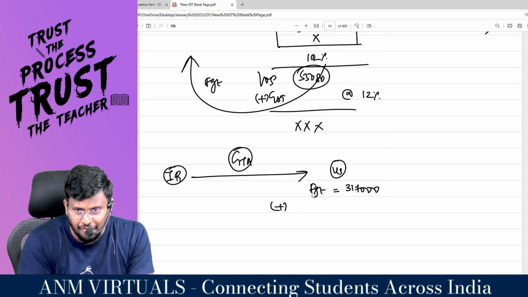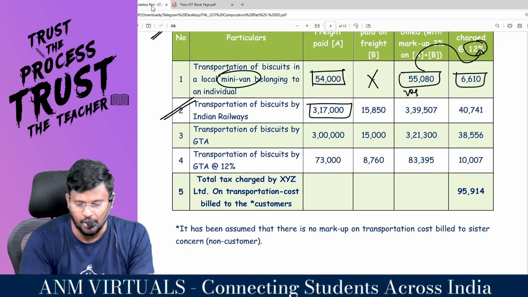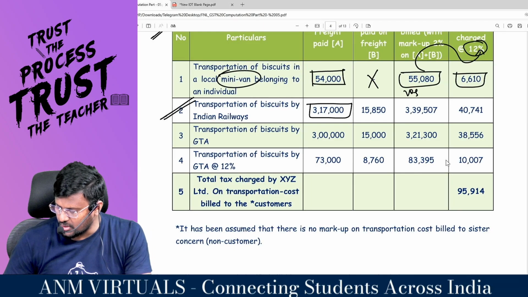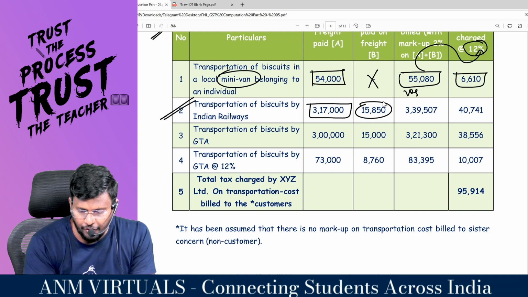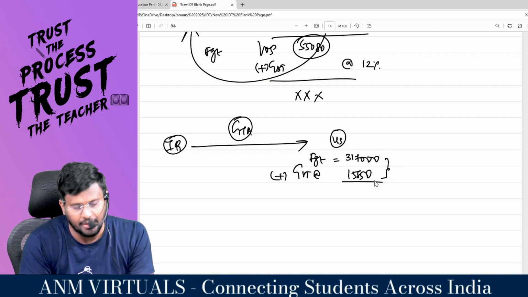Is Indian Railway service FCM or RCM? They would have collected GST at the rate of 5%. So 3,17,000 into 5% comes to 15,850, which is the total freight tax.